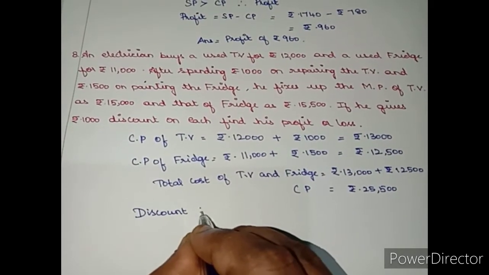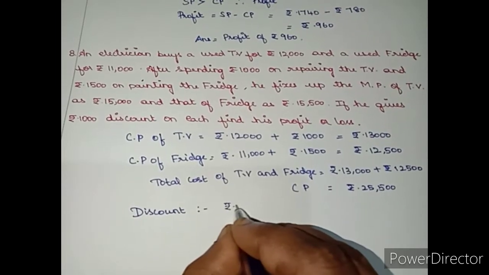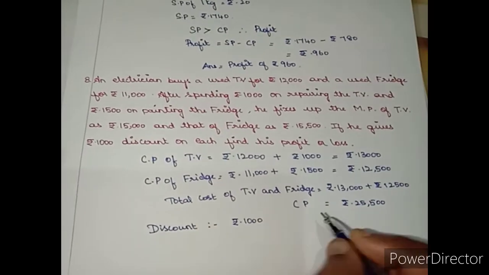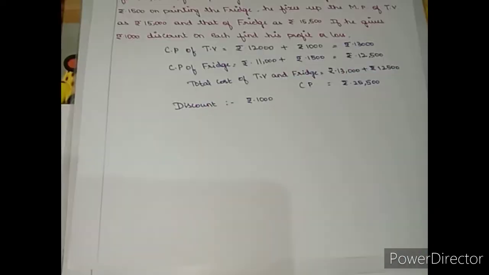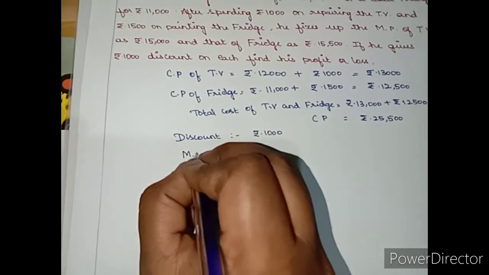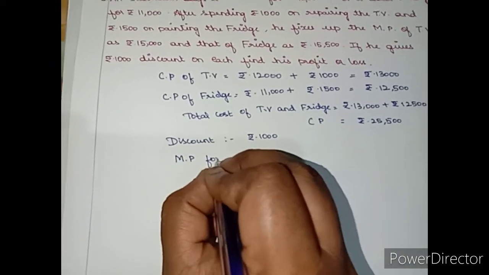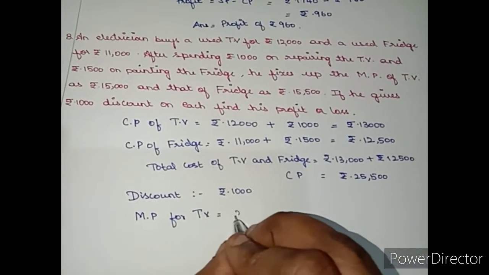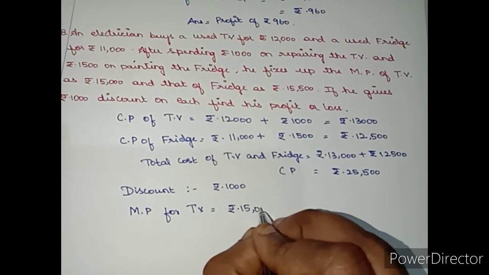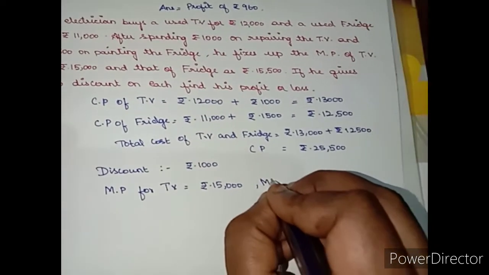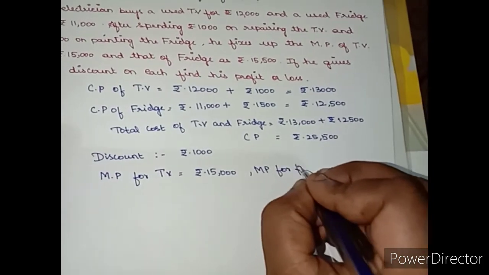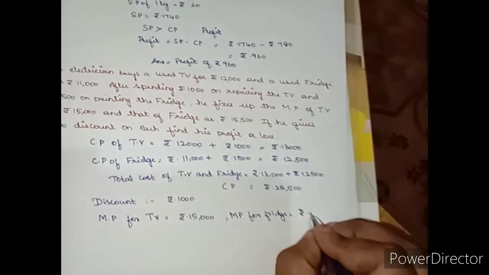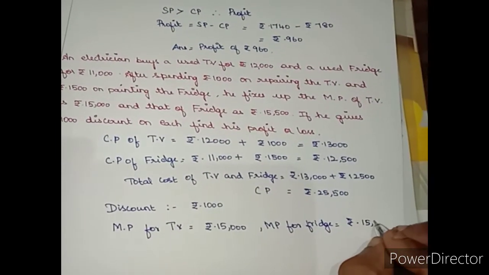Discount is rupees 1,000 for both. Correct. So the MP, the marked price he is fixing for TV is rupees 15,000. 15,000 and MP for fridge is equal to rupees 15,500.